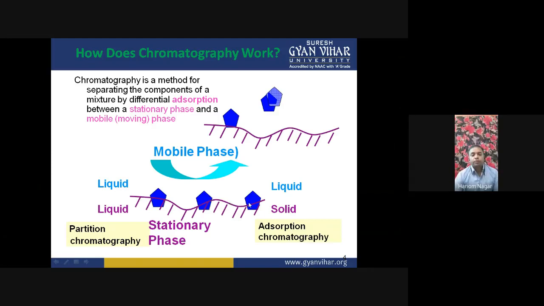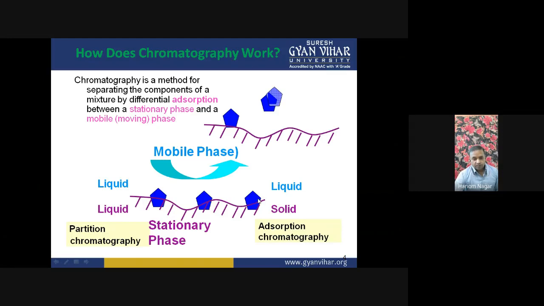They will elute from the stationary phase, or from the column, at different times. Suppose these are three components in the mixture, and this is the direction of motion of the mobile phase.